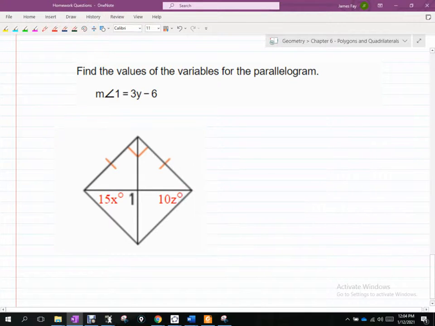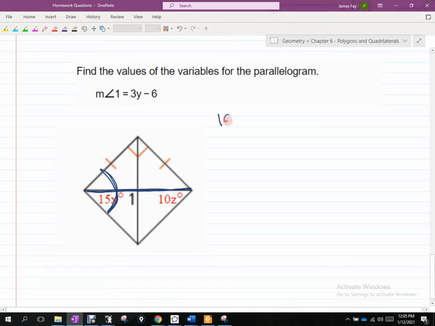The process here that says find the values of the variables for the parallelogram. Well, if we know this is now a square, which means it's a rhombus, what does that diagonal right there do to that angle right there? Bisects it. So that whole angle should be what? Should be 90, right?